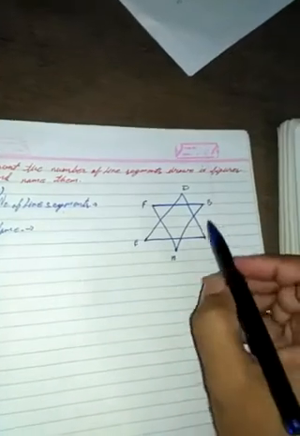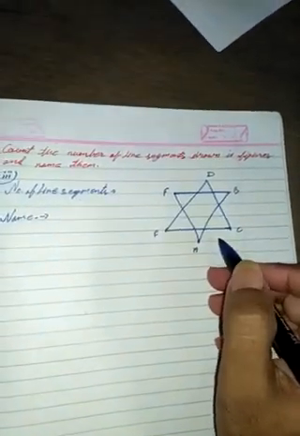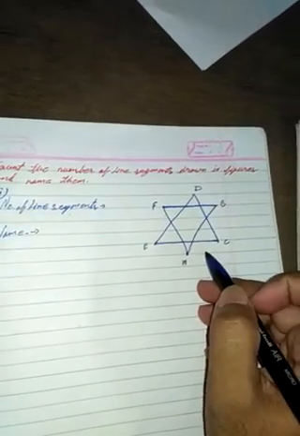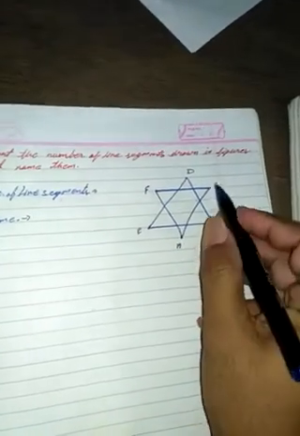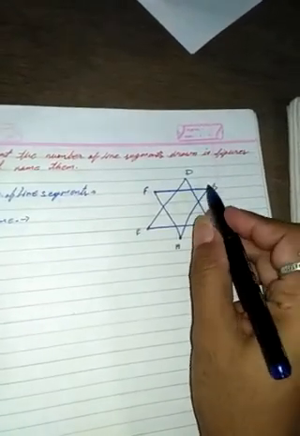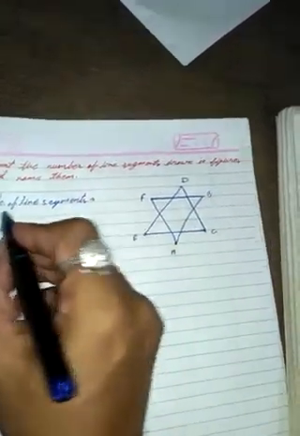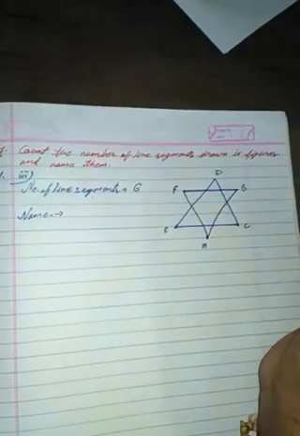Now the first figure is given. Now first you draw it. Then how many line segments are there? First we count it: 1, 2, 3, 4, 5 and 6. Number of line segments is 6.